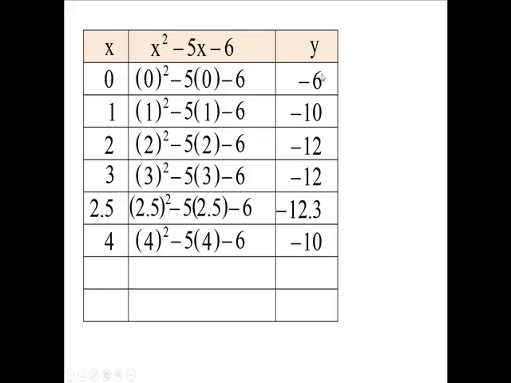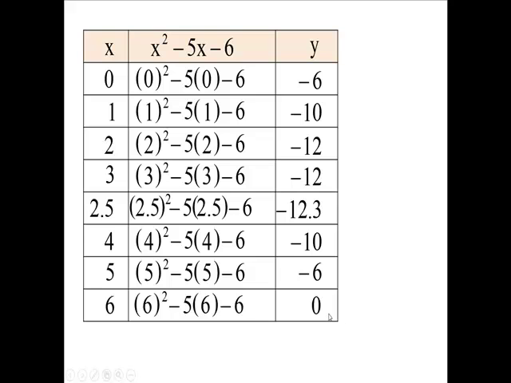So the next point, when you plug in a 5, I should end up with a negative 6. There's 25 for these two, they cancel. Minus 6, just like I said. And when you plug in 6, you're going to get 36 minus 30 is 6, minus 6 is 0.